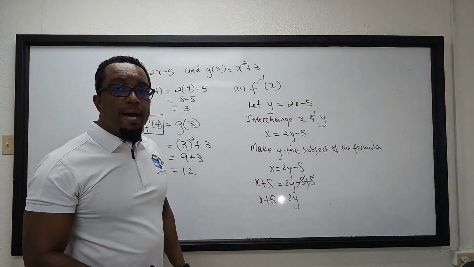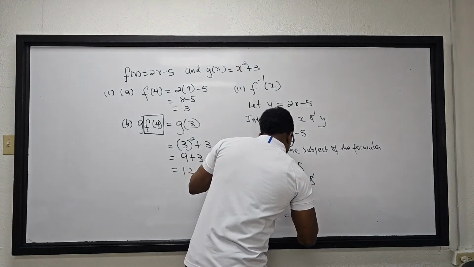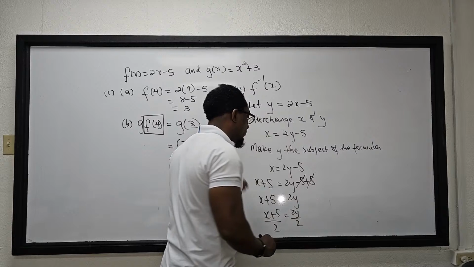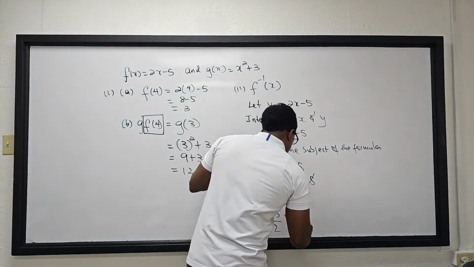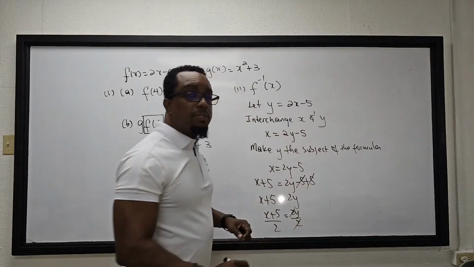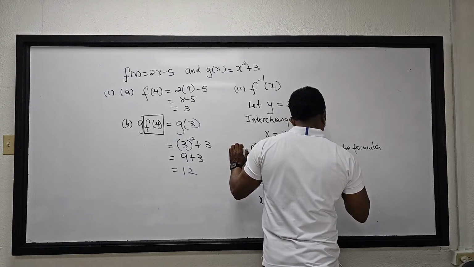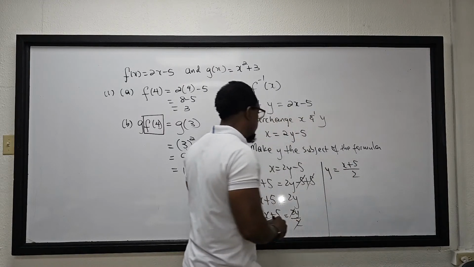And then I'm going to divide both sides by 2. 2y over 2 and x plus 5 over 2. So my two 2's divide to give me 1. Y stands alone, which is equal to x plus 5 over 2.